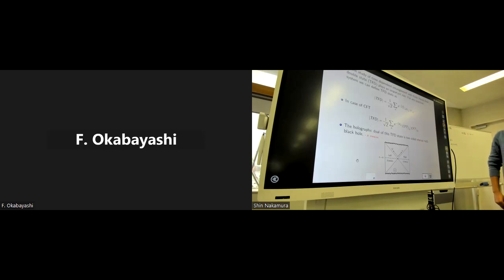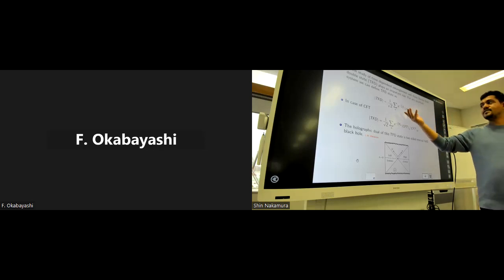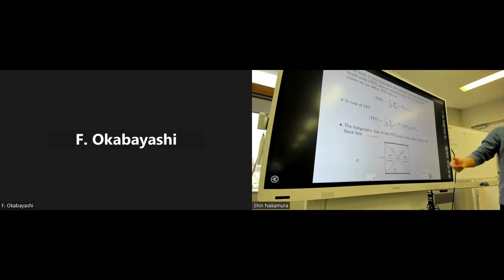Now, one important tool to study chaos from the holography side is the thermofield double state. What is the thermofield double state? It is constructed from two identical copies. It is actually a kind of purification, but a specific purification where you have exactly identical copies.